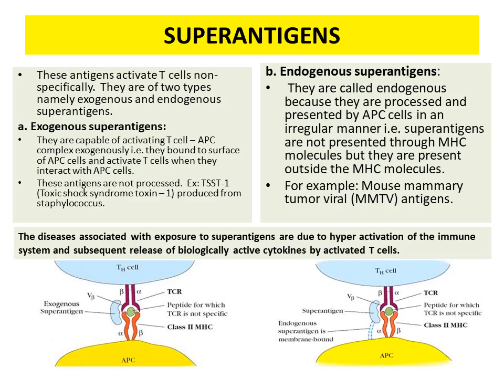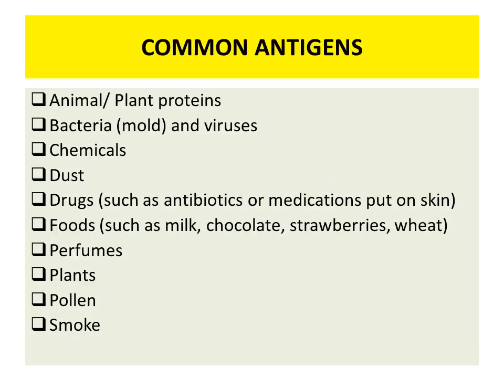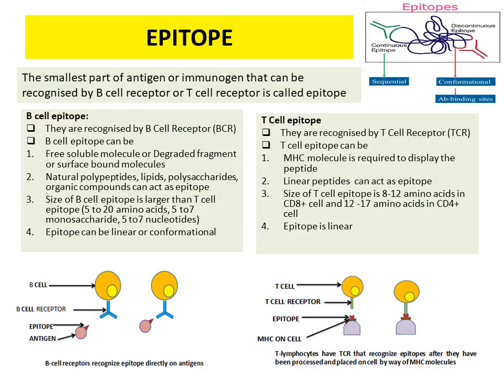These antigens are attached outside the complex and are not associated with MHC in any form. Common examples of antigens: animal or plant proteins, bacteria, viruses, chemicals, dust, various drugs such as antibiotics, foods, milk, chocolate, wheat, perfumes, plants, pollens, as well as smoke.